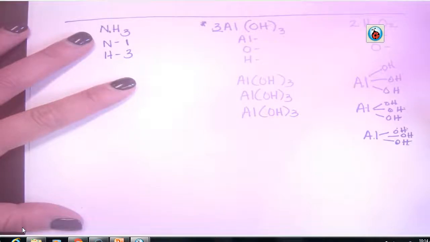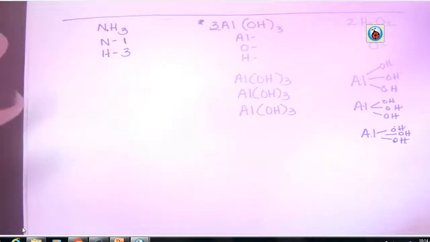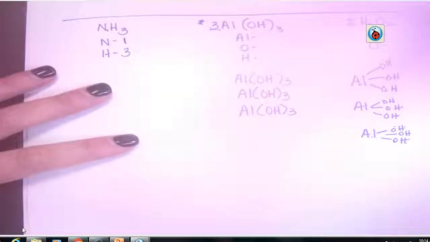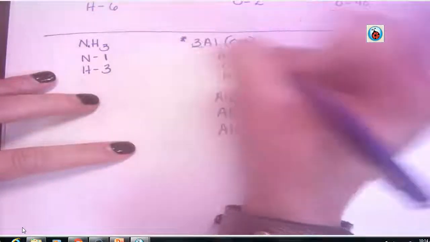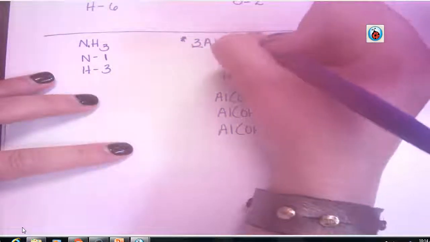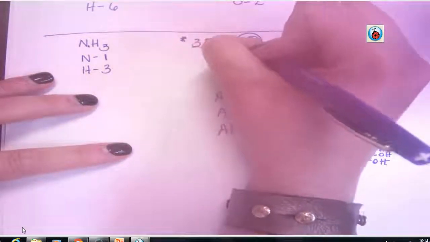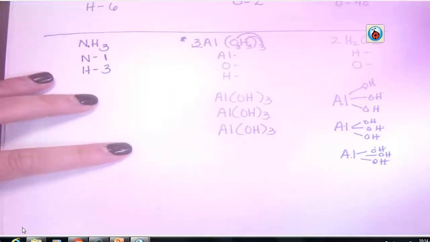Or I can learn the right way to do this, which is not to draw it out, because when you get into some really big molecules, that's not going to work for you. So the best way to do it is to look at your problem up here and go, okay, I have 3 of all of these things. I'm going to start with my parentheses. Just like in math, I'm going to use PEMDAS. This 3 gets distributed right here and right here. So that means that it's the same as having a 3 right there.